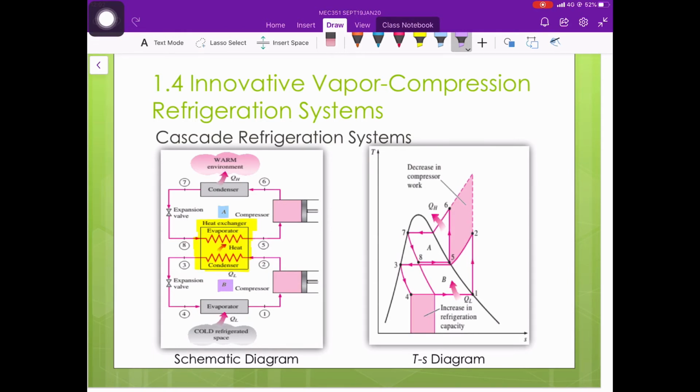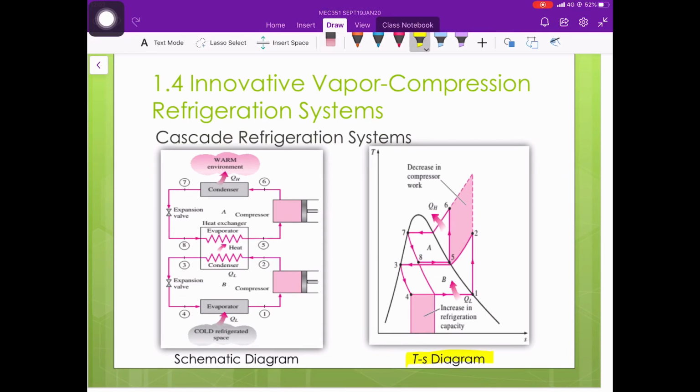The heat from cycle B will be rejected to cycle A, or in other words, the heat from cycle B will be absorbed by cycle A. Other processes in this two-stage cascade refrigeration system are similar to the simple vapor compression cycle.